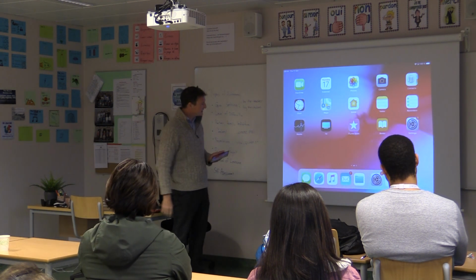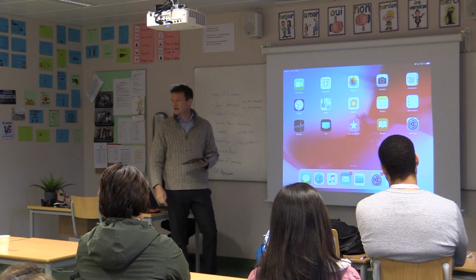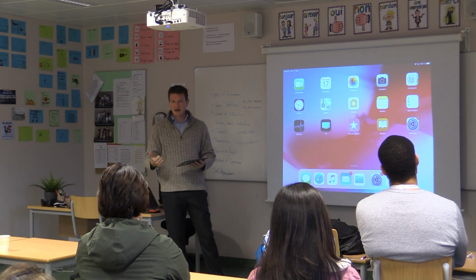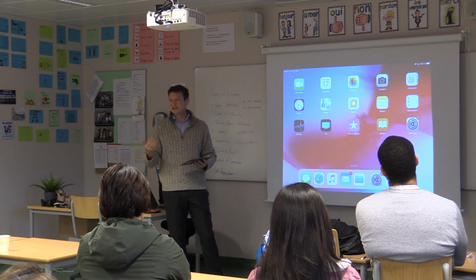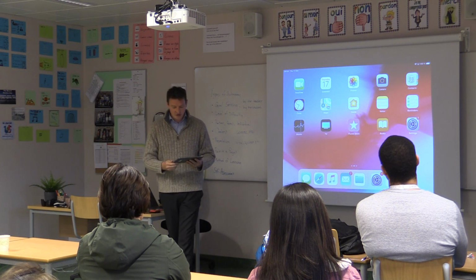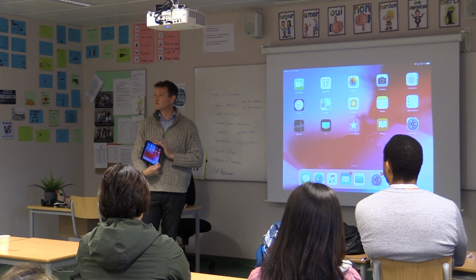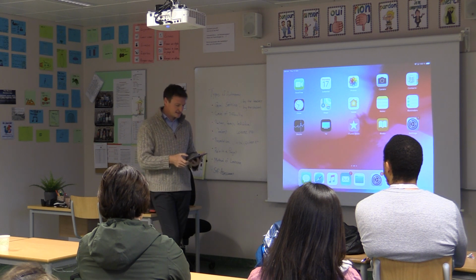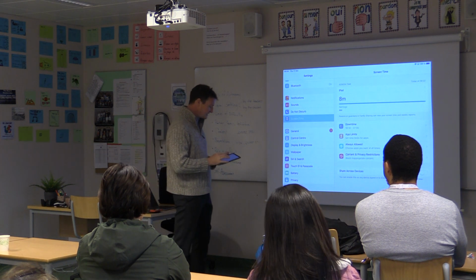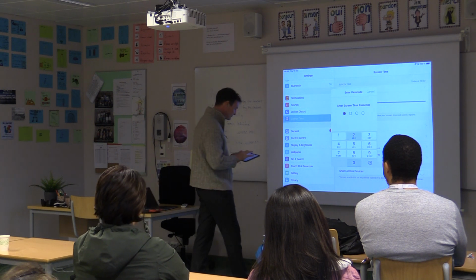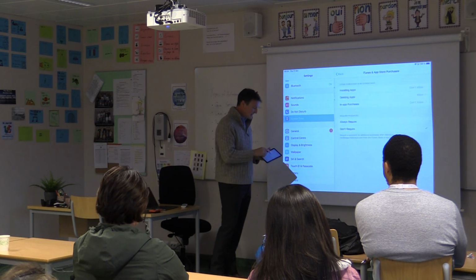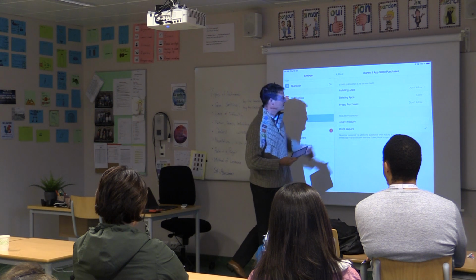And if I go back, you'll see the App Store's disappeared altogether. So they can't search for apps, they can't install apps, they literally can't do anything. So if you've got a school-owned device and you don't want them to be able to install their own apps on there, you would go into settings, screen time, content and privacy restrictions, and then switch the ability to install apps off.